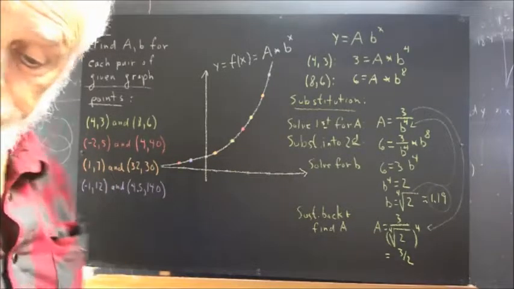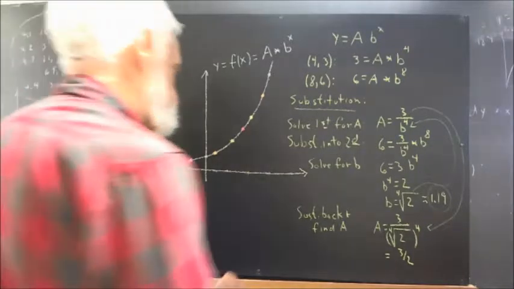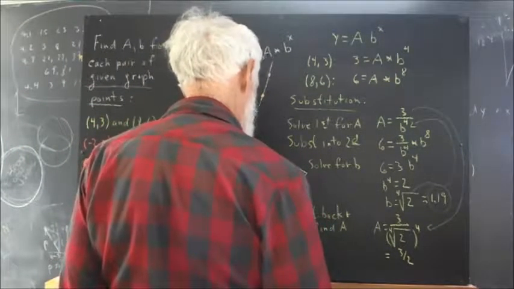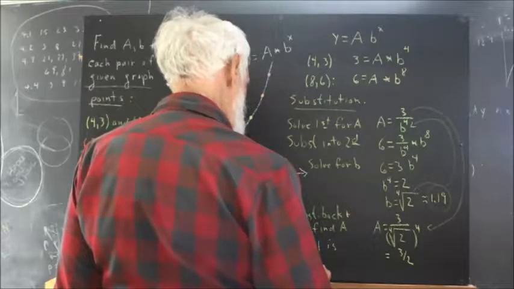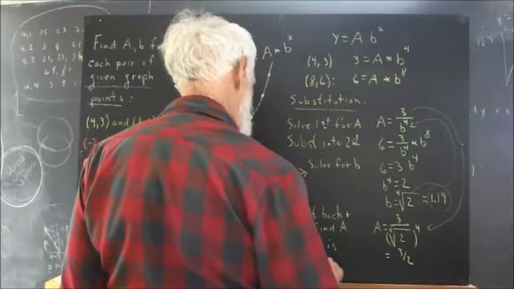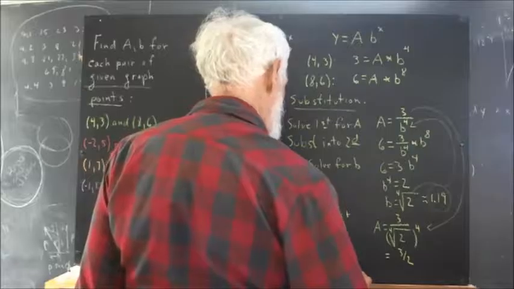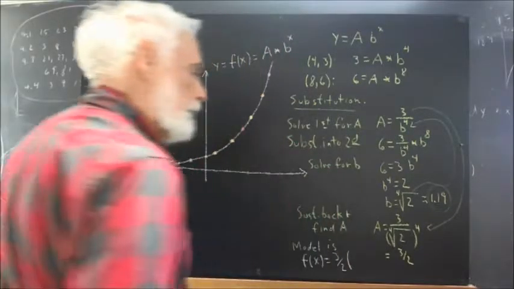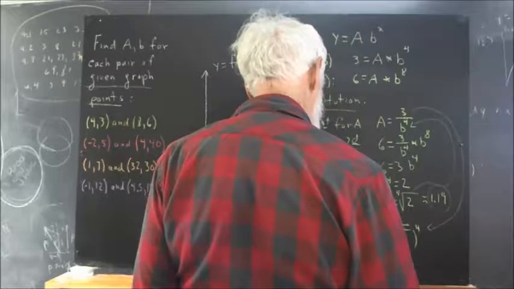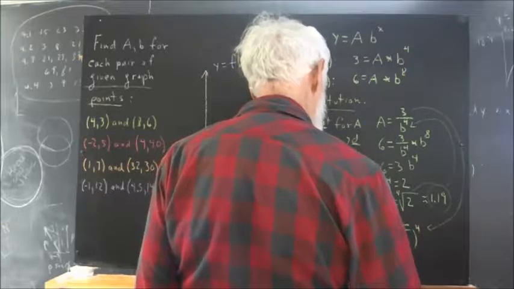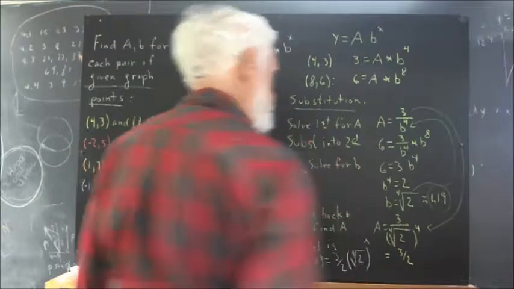So our model then is f of x equals 3/2 multiplied by b, which is the fourth root of 2, raised to the x.